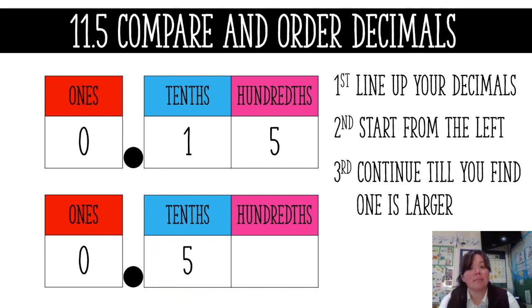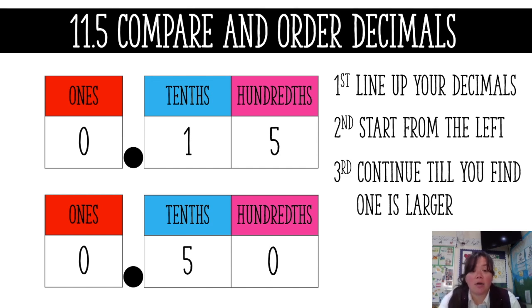But maybe if we do this and I add a 0 into the hundredths place, you can compare them a little bit easier and see that the number 5 really comes with a 0 after it. So the number 50 is definitely bigger than the number 15. And I would rather have 50 cents than 15 cents.